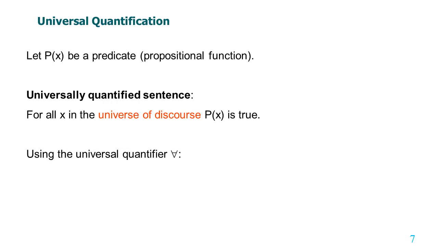This is the universal quantifier and it is read as "for all". Suppose there is a statement P(x), and if the symbol for all x is attached, then we can read it this way: for all x P(x), or for every x P(x).